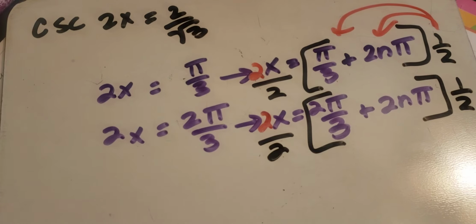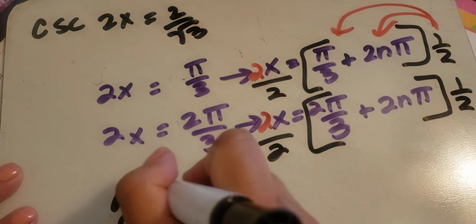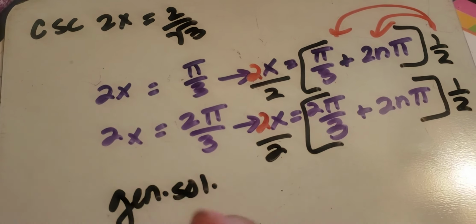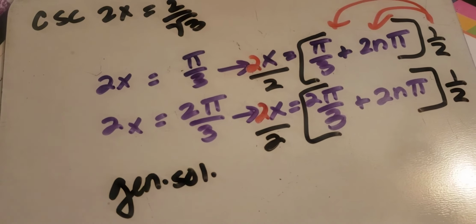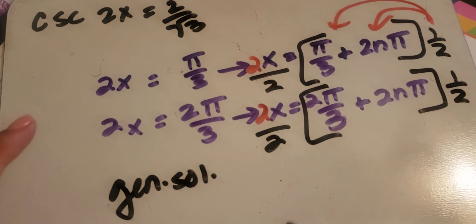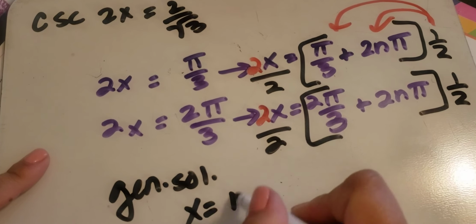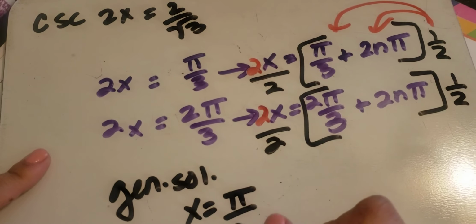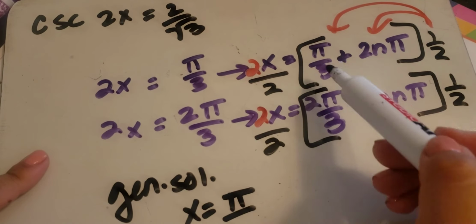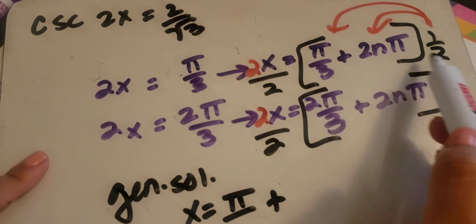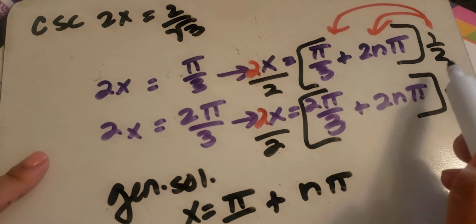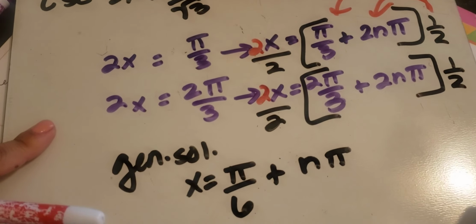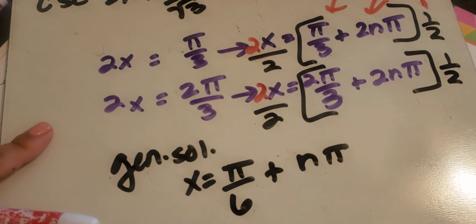So my first solution, and these are general solutions, can't be a specific one because they didn't restrict our domain. So we're going to get these solutions through every period. Our first solution would be pi over 6, because you want to distribute, plus the 2's will cancel here, and we just end up with n pi. The 2 and the 3 ended up multiplying there. That's our first solution.